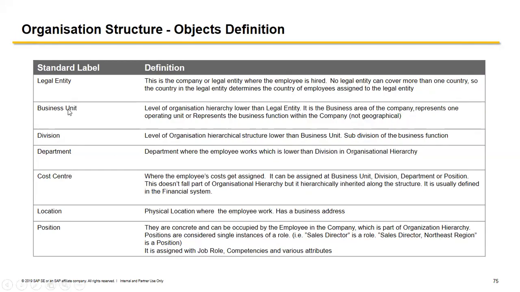Second is business unit, the level of org hierarchy lower than legal entity. Just under legal entity, you have the business unit. Business unit is the area of the company that represents the operating unit or the business function within the company, and it is not geographical. Business unit is the area of the business.